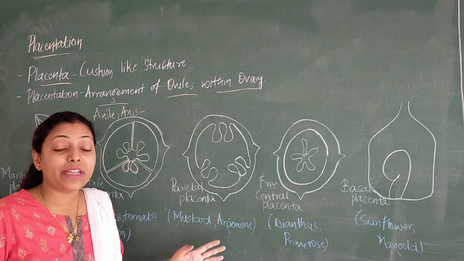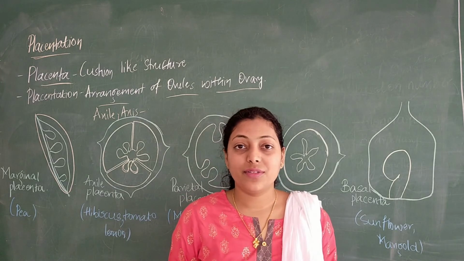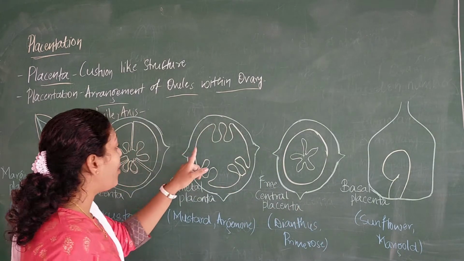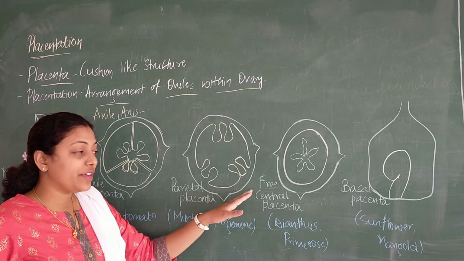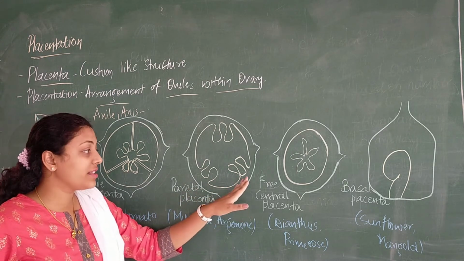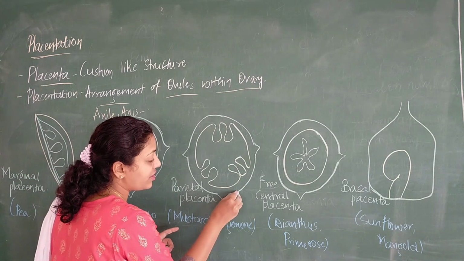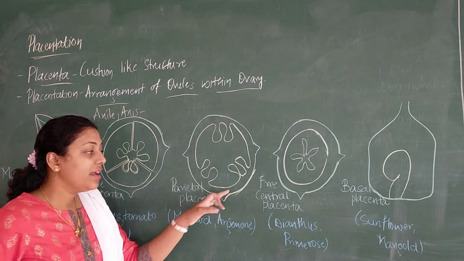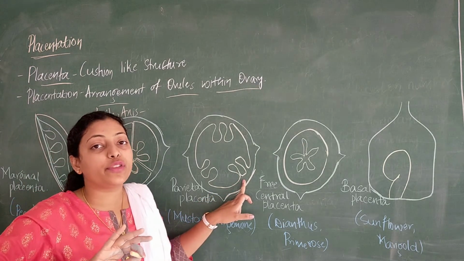Next, coming to parietal placenta. Parietal means periphery. The placenta is formed at the periphery, towards the end of the ovary. This structure is called the ovary. Peripheral means towards the end of the ovary.